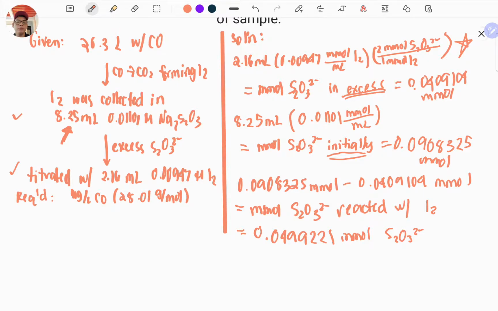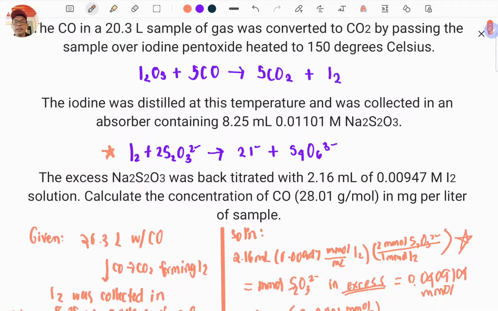All we have to do now is to convert thiosulfate into iodine and convert the iodine into carbon monoxide and then convert that to milligrams and divide it by the overall volume.